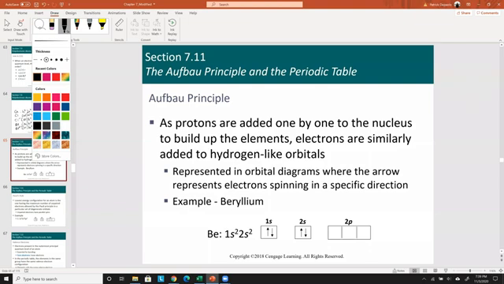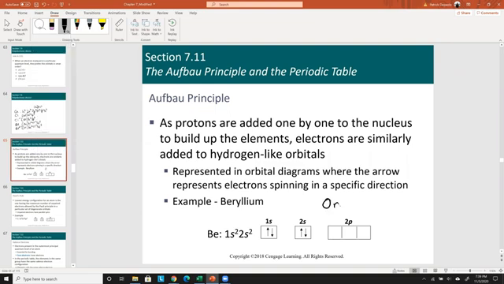So if you have beryllium, beryllium has the electron configuration of 1s2, 2s2. Basically, what the Aufbau Principle says, and what these boxes are called, orbital diagrams. Orbital diagrams are just a way of writing the actual electrons in the way of arrows pointing up or down, meaning the spin up or down of an electron.